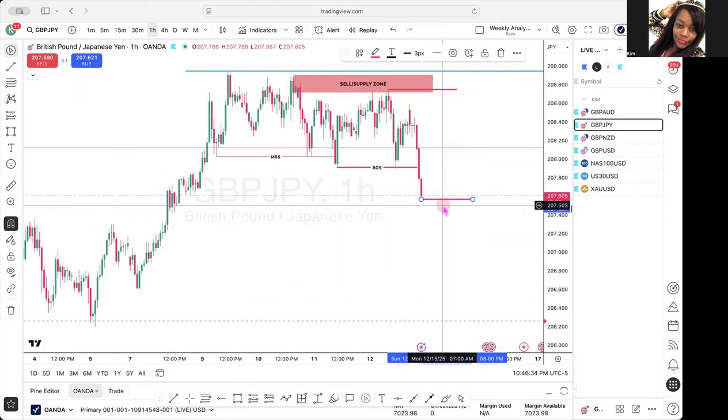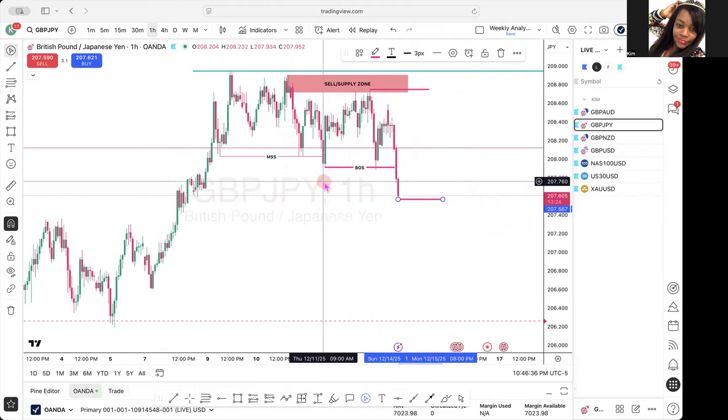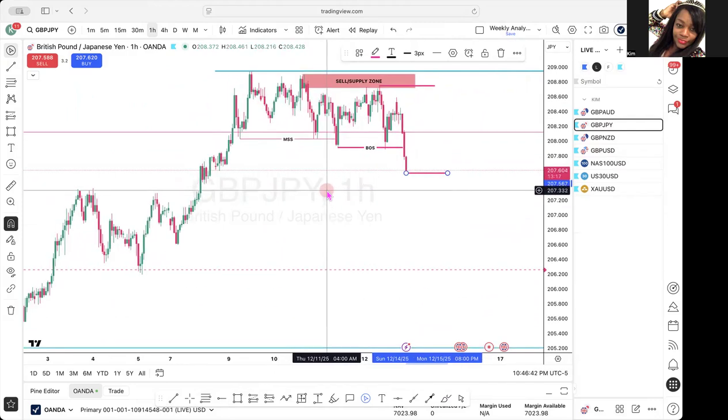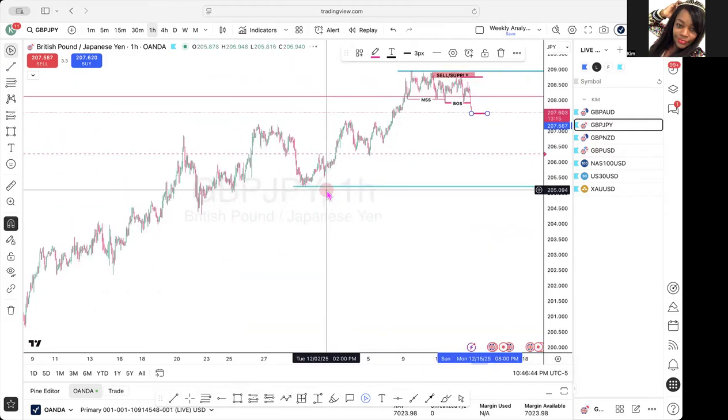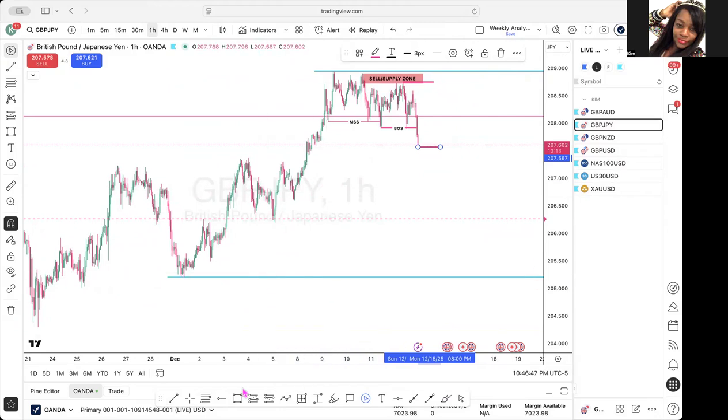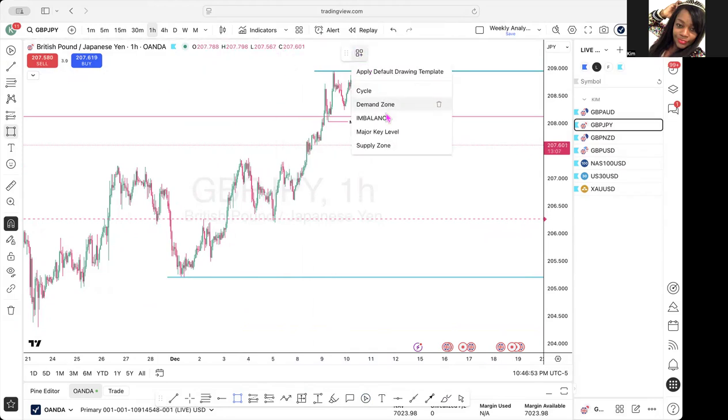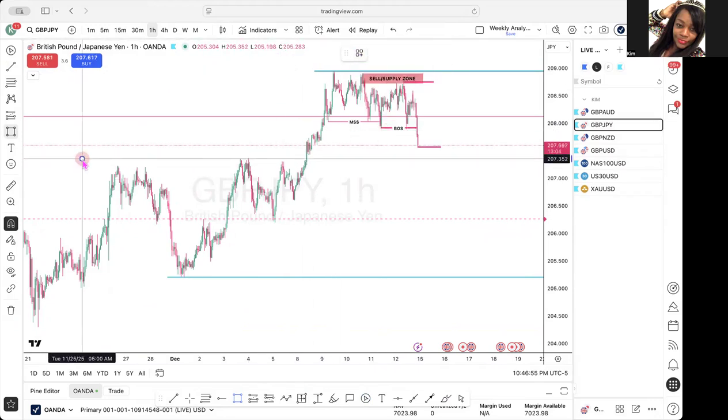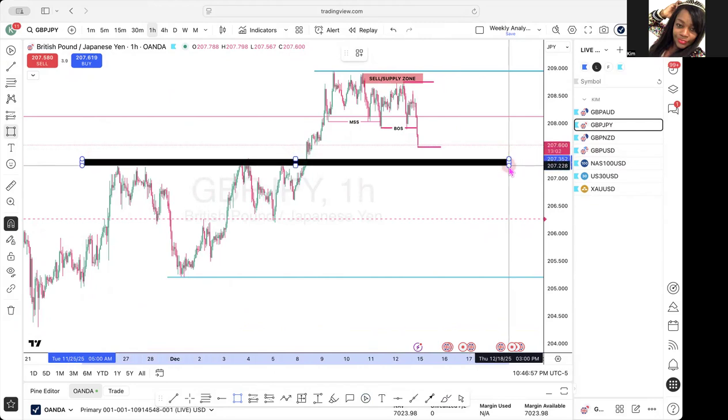All right. So if price is tapping to this demand zone, it's already sold through it. I would look at the next zone for price to come to, which would be this key level here.